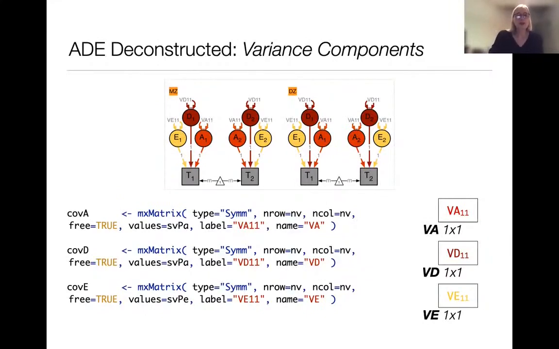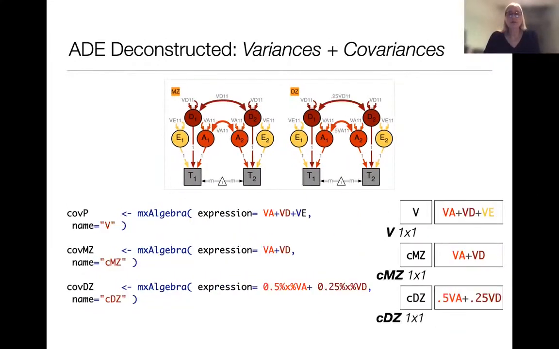Notice in this case also that we've used a different name within the matrix as outside for the object that holds the matrix. And you'll see in a minute how that gets used later on in the script. And so similarly to the Cov-A object, we have a Cov-D and a Cov-E object containing in each case the variance component for each of the 3 ones that we want to include in the model.